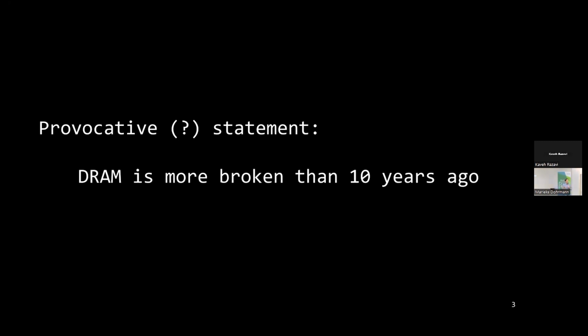The issue was discovered, or became publicly known, more than 10 years ago. So we had 10 years of trying to fix it. And I will show you during this talk that, in fact, despite all the effort that people have put in, both in industry and academia, DRAM is today more broken than it was 10 years ago.